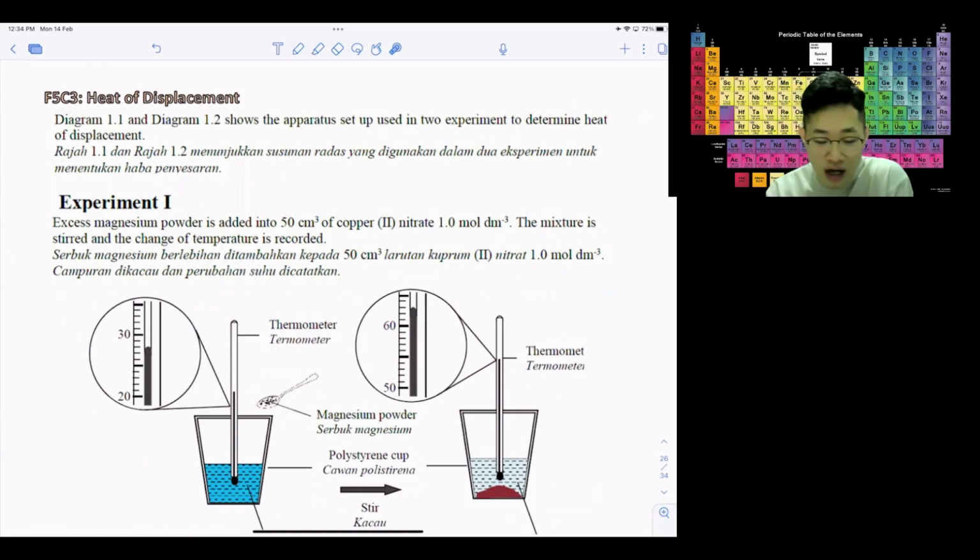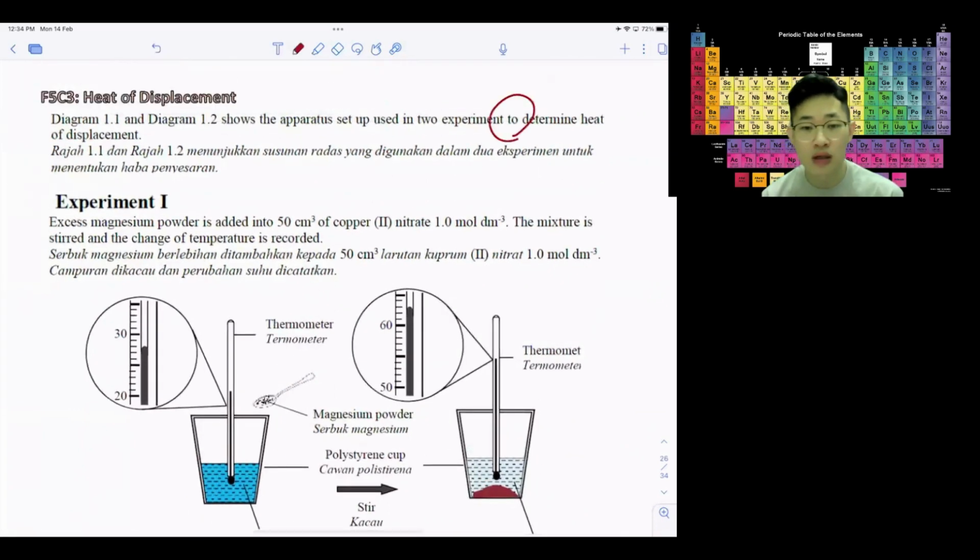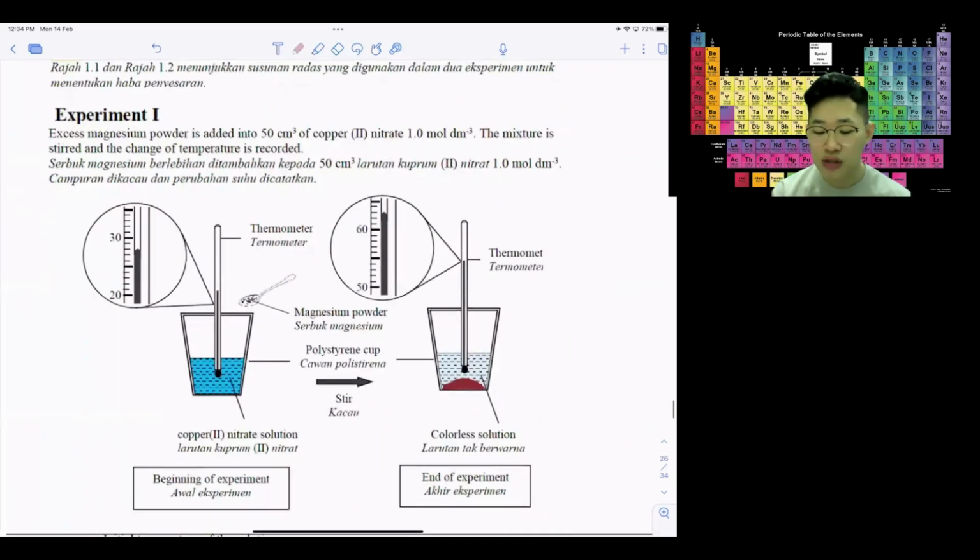So this one, take note, is very important as well: heat of displacement. You see, it shows the apparatus setup used in the experiment to determine heat of displacement. That means what? This is your RV, heat of displacement. Experiment 1, they are using magnesium powder.